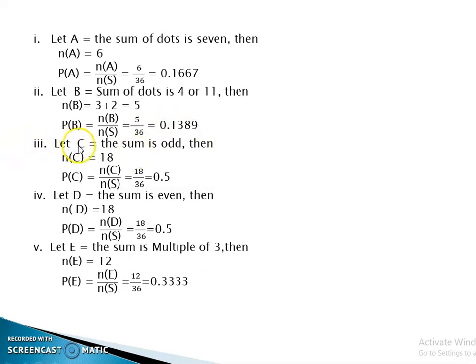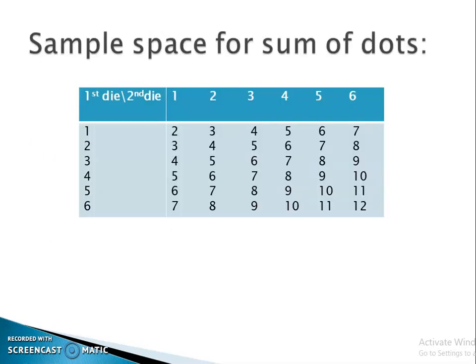In the third part, let C denote the event that the sum is odd. Let's see the sample space. 2 is even, 3 is odd, 4 is even, 5 is odd, 6 is an even number, 7 is odd. So the odd numbers are 3, 5, 7, 9 and 11. We count the number of 3's, the number of 5's, the number of 7's, then 9's, and then 11's.